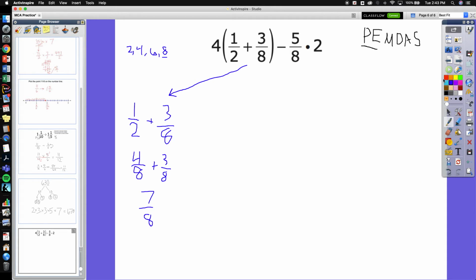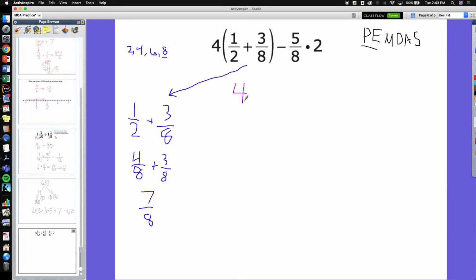Well, now knowing that, I'm going to rewrite the problem. We have a 4. We have 7/8. We have a minus sign, and then 5/8 times, a dot means times, 2. So the next part of PEMDAS is multiplication and division.